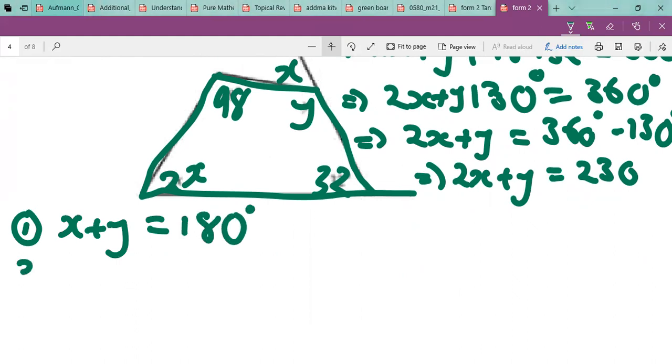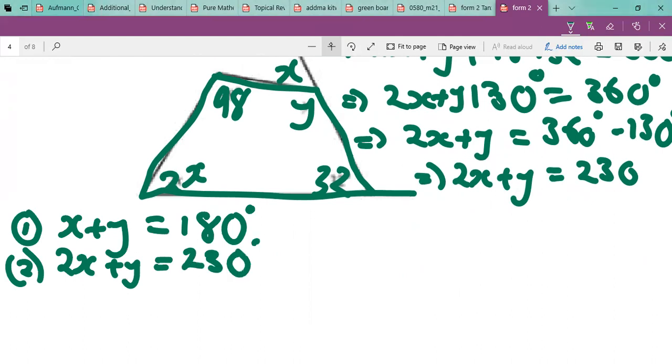And the second equation is 2x plus y is equal to 230 degrees.